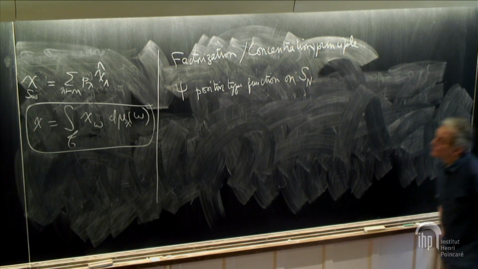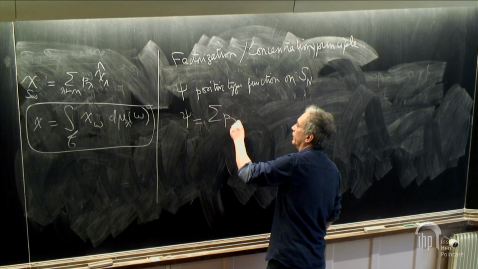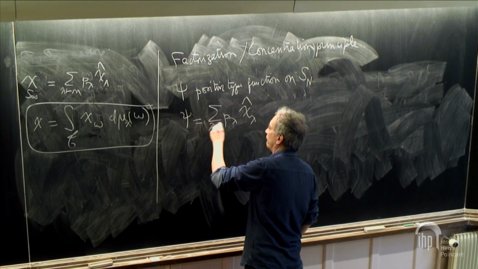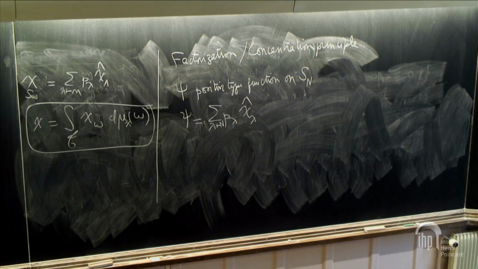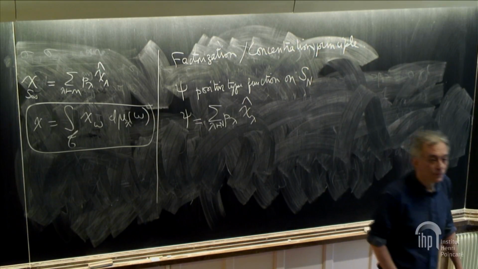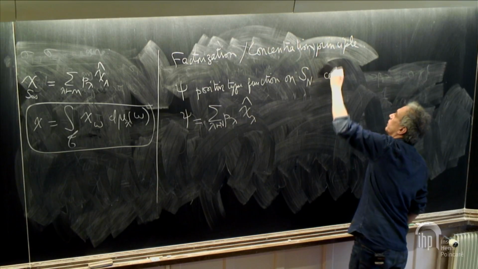Psi is a sum of p lambda, chi hat lambda. It's a sum over all partitions of n, a convex combination of irreducible characters. It is of positive type, and it is also central and normalized.